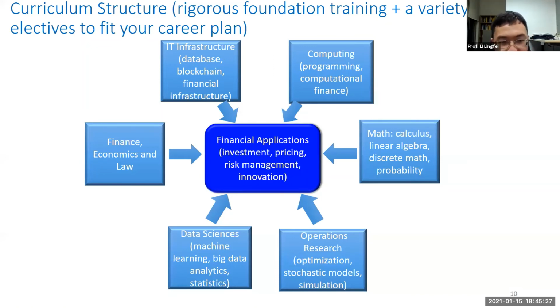Data science includes machine learning, big data, statistics, these things. And operations research is also about methodologies like optimization, stochastic modeling and simulation. So we believe that by offering these methodologies to our students, they are able to better solve fintech problems.